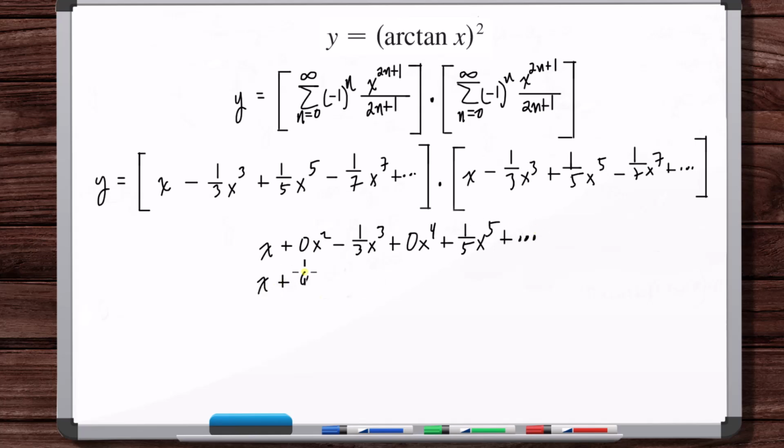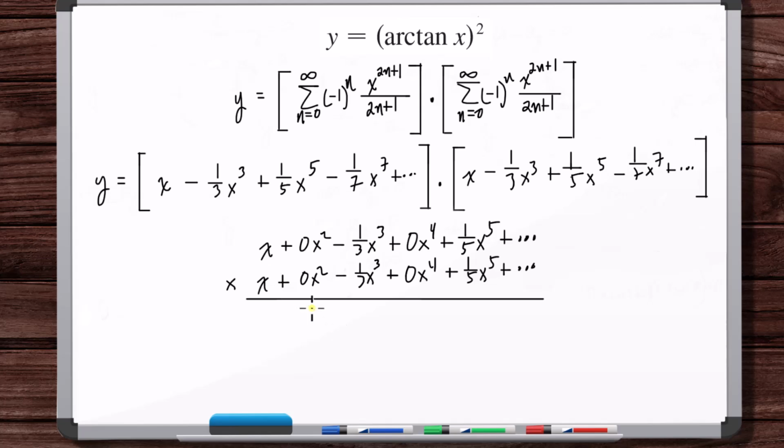Okay. All right. X times x is x squared. X times minus 1/3 x cubed is minus 1/3 x to the 4th.